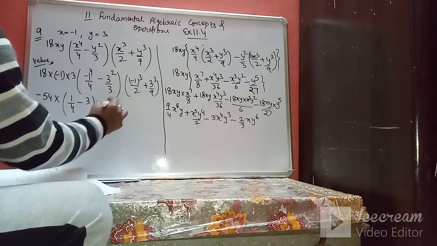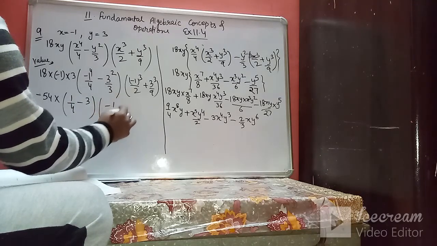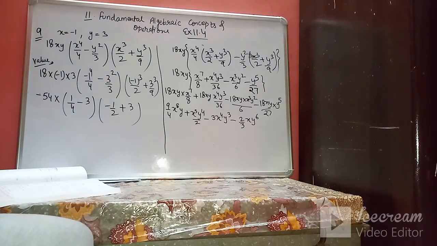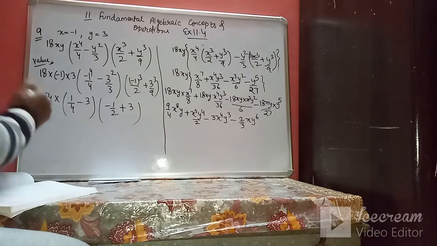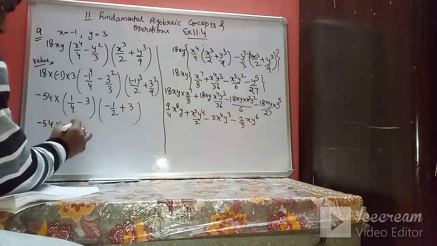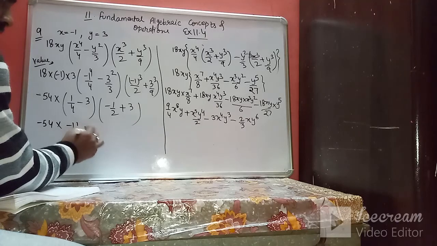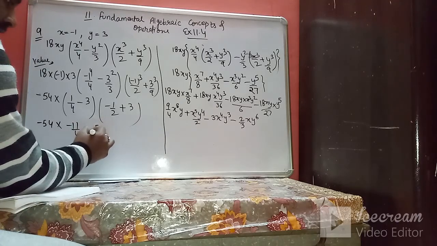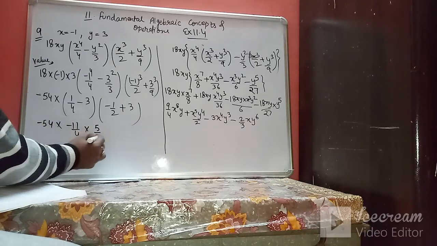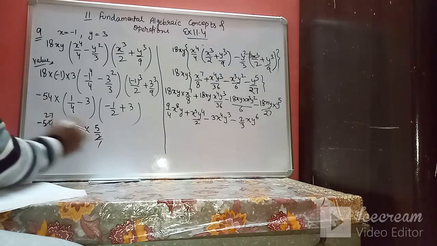minus 1 upon 3, then it is minus 1 upon 2 plus 3. Okay, so let's find the final value. What will be our answer? So the final value will be minus 54 into minus 11 upon 12 into 5 upon 2. So it is 2 into 27.